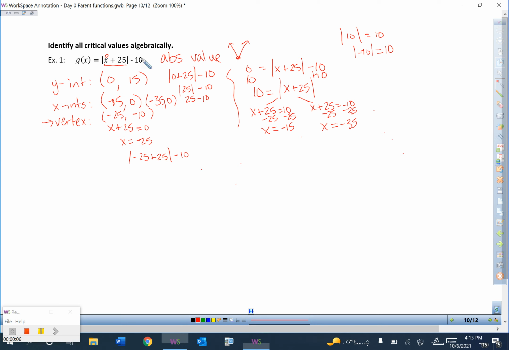This minus 10 on the outside from last year meant going down 10, and that's precisely where my vertex lands. So this part, if you remember your steps from last year, you don't really need. The other work for the x-intercepts I have to see, and then you're always welcome to check your work on your calculator.